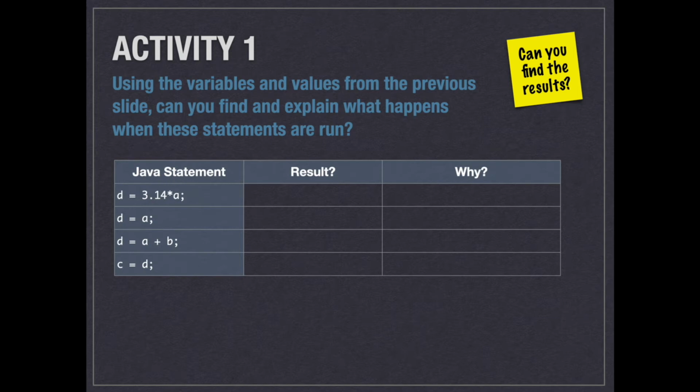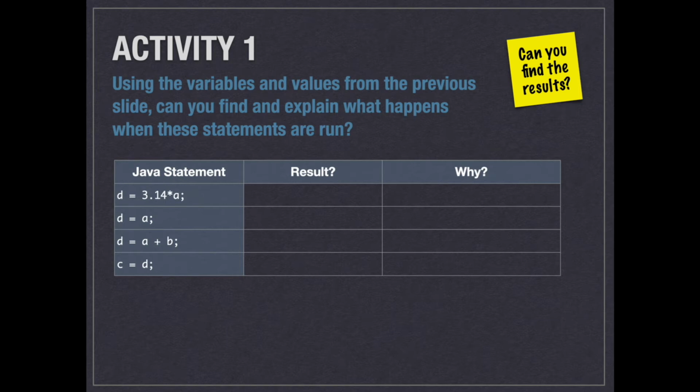D equals A. So again, the first thing you ask is, is there a mixed data type issue? Yes, there is. D is a double, A is an integer. So we're trying to fit a number stored as an integer into a variable that's defined to hold double precision numbers. That is a mixed data type issue. But automatic promotion will still kick in.